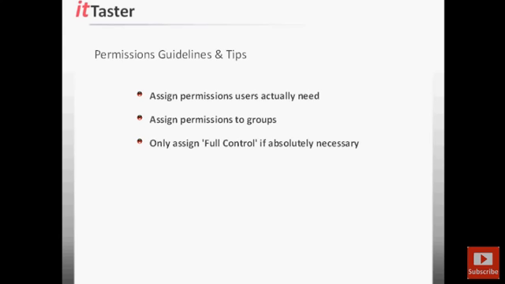Only assign full control permission if absolutely necessary. In most cases, modify permission will do the job. Remember, full control enables users to set permissions and take ownership of objects. Try to avoid using deny permission.